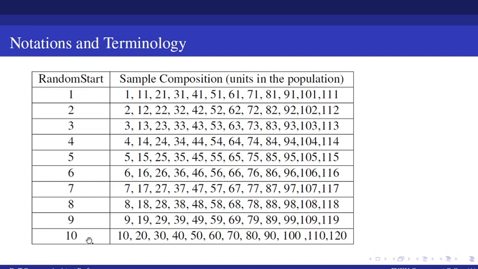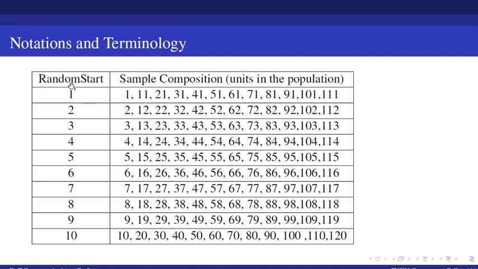Let us suppose the sample size is 12. In every sample, there are 12 units to be selected. Our sample size small n is equal to 12. K is 10 here, so this 120 is divided into 10 groups. Each group consists of 12 units.